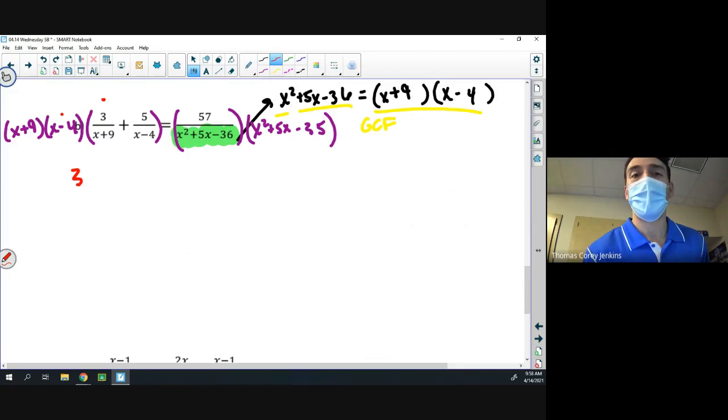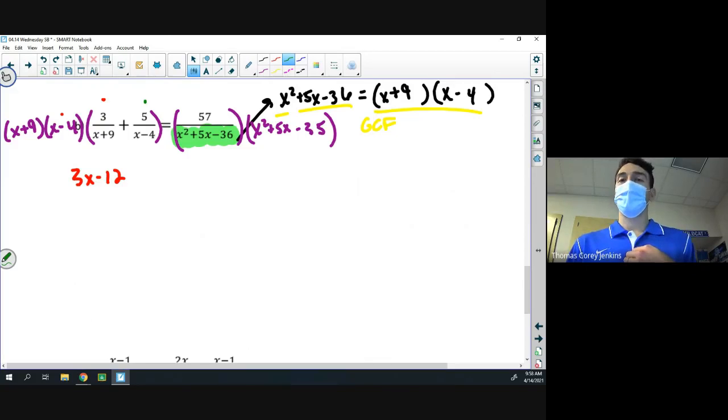So that'd be 3x minus 12. Then the next fraction, we're taking 5 over x minus 4 times our LCD, right? So the x minus 4's cancel each other out. So what we're really doing is taking 5 times x plus 9, okay, or 5x plus 45.